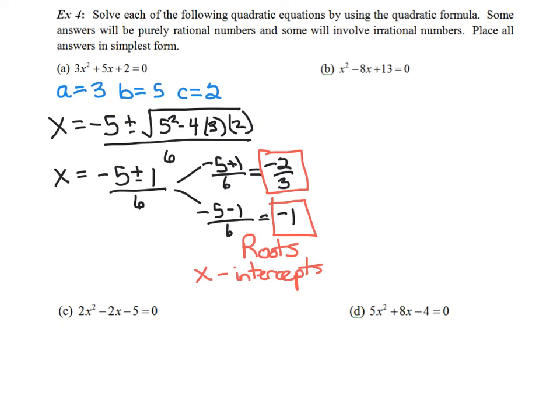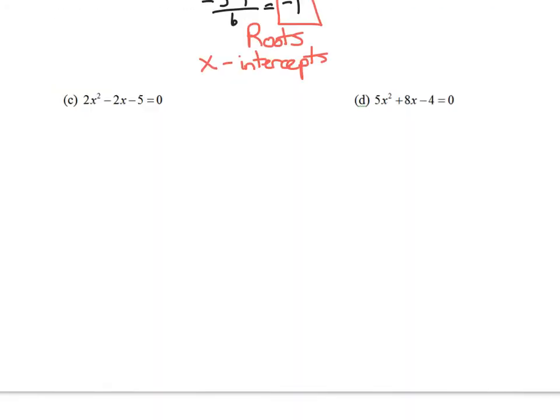I'm going to skip over B and go to C to work on together. So for example C, I've got that a is equal to 2, b is equal to negative 2, and c is equal to negative 5. Whenever you're working with the quadratic formula, I want to see you write down the values for a, b, and c.